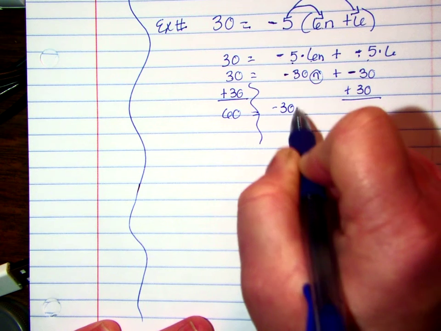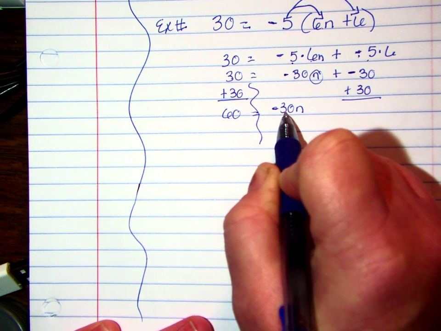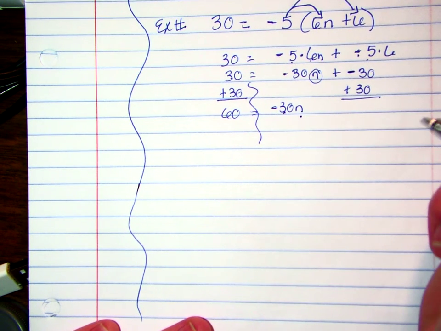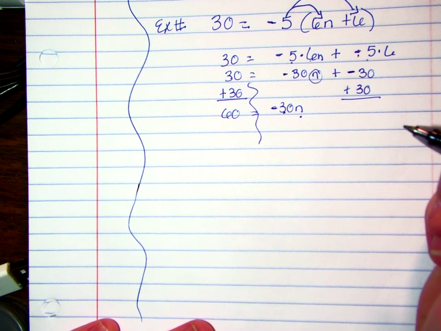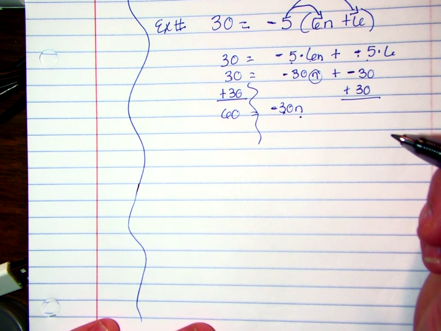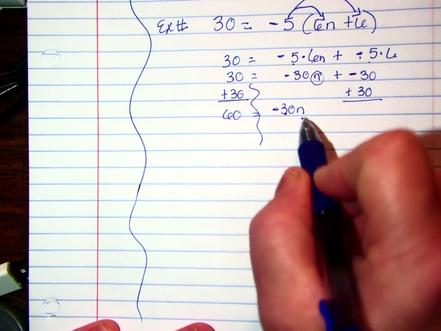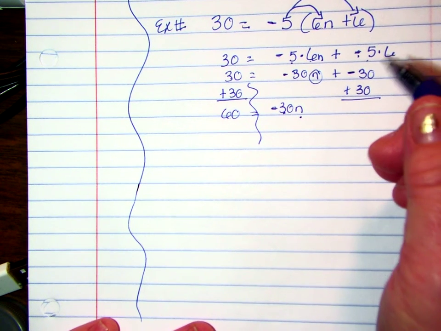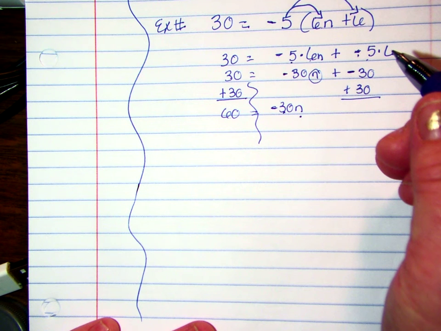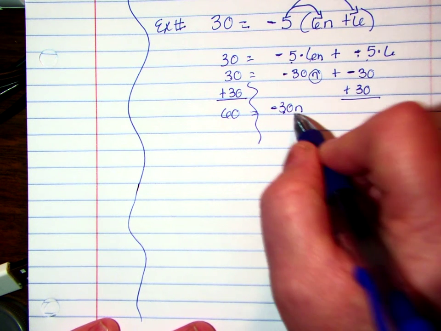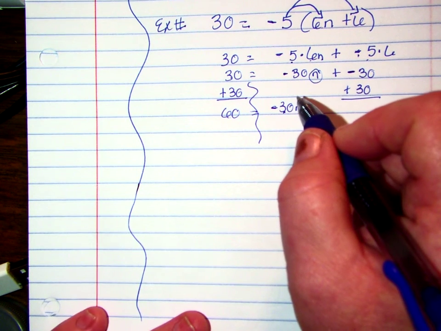Minus 30n. Now, what's going on between this 30 and this n? Brian? What's going on between negative 30 and n? What's the operation going on? Yes, sir. So, how would you do that?